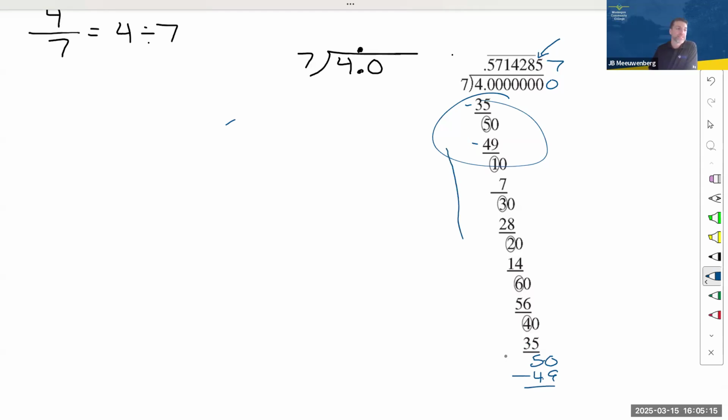This whole part of the process will just repeat itself again, and we will get 5, 7, 1, 4, 2, 8. So in this case, we ended up with 0.571428, and then that would repeat. So we put our line over the entire grouping of the numbers that repeated. And you can see them again here, these remainders.